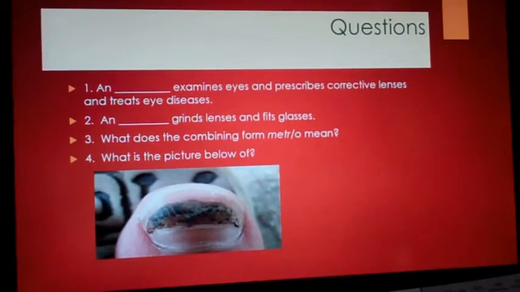Number 3. What does the combining form metro mean? Number 4. What is the picture below of?